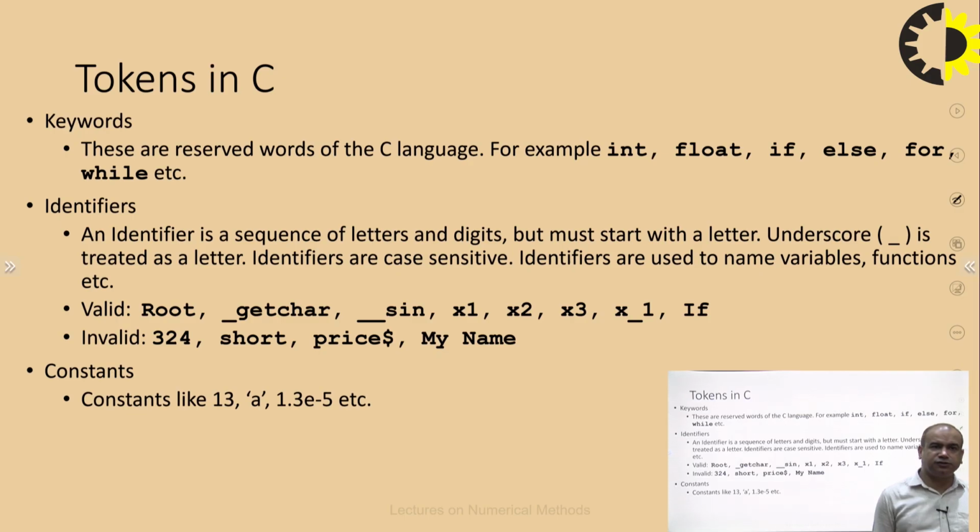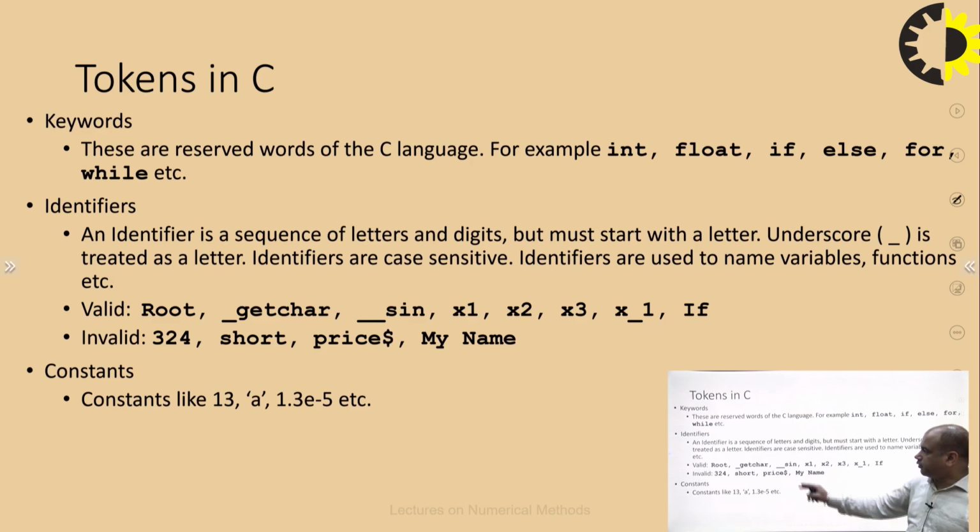An identifier is a sequence of letters and digits, but it must start with a letter. Underscore is treated as a letter, that is the special symbol. Also, identifiers are case sensitive. Identifiers are used to name variables, functions, arrays, etc.